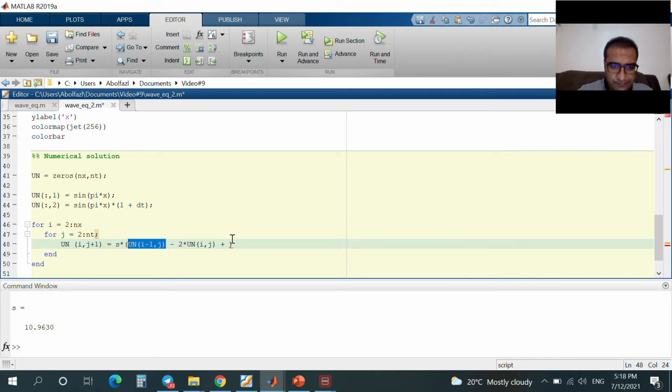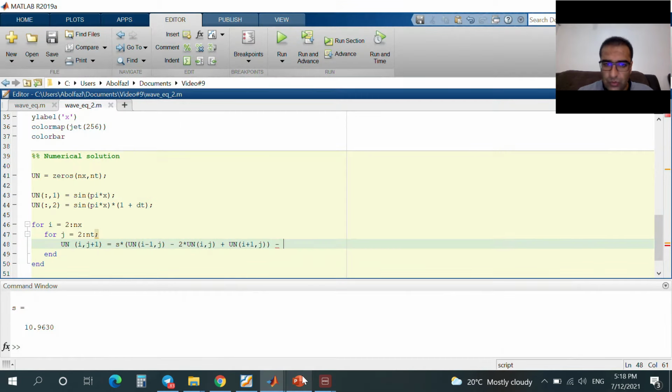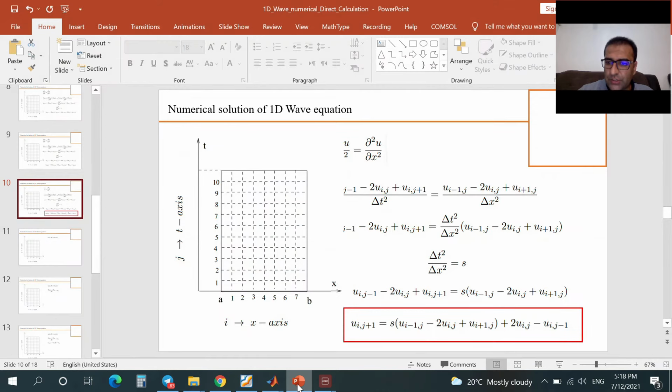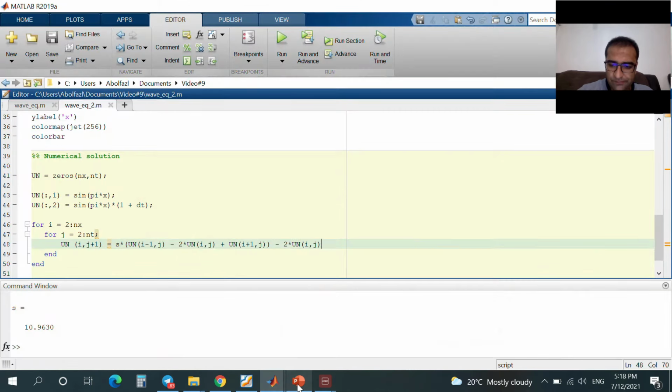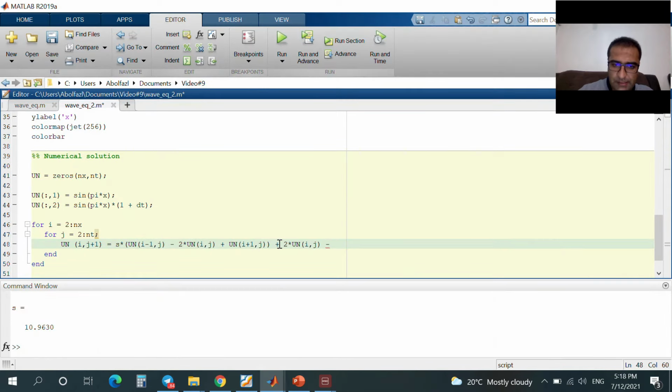Copy it here and paste here. U i plus 1, j. What else? I think here it should be plus 2 u i j multiplied by the UN i j and minus u i, j minus 1. This is not minus, this is plus, and this one is minus, and Control C, Control V, u i, j minus 1.